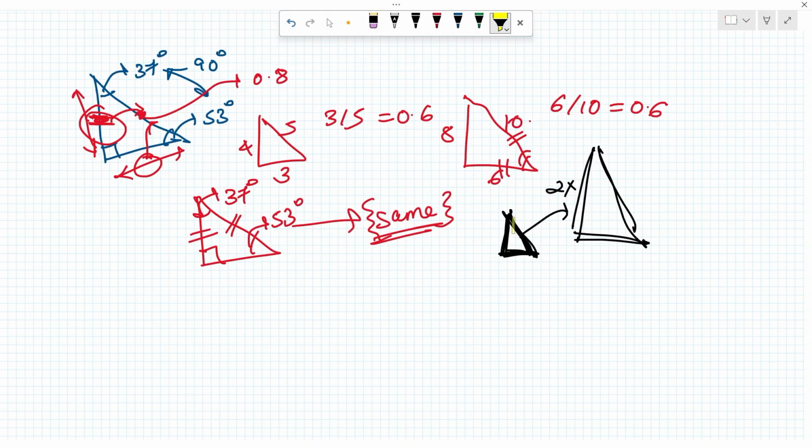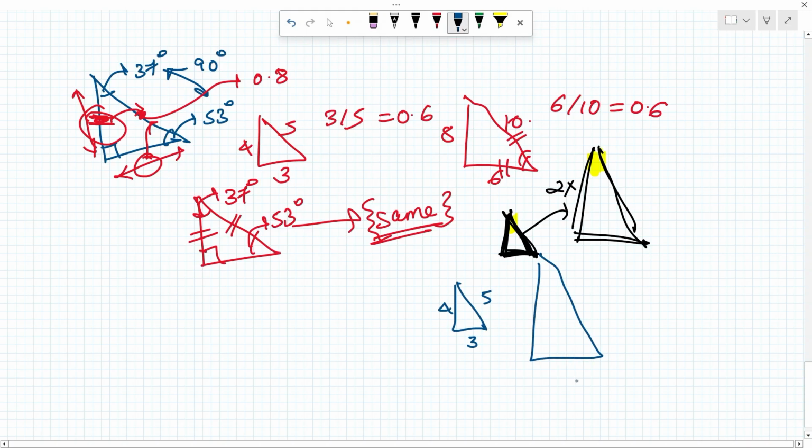And even if you zoom it, note that the angle, the amount of rotation, won't change. No matter whether it is a 3, 4, 5 triangle or a 6, 8, 10 triangle, even if you zoom this 2 times, this angle is not changing.